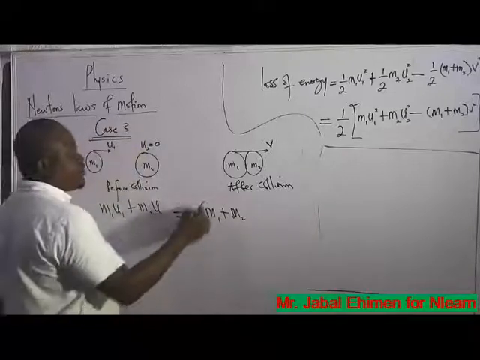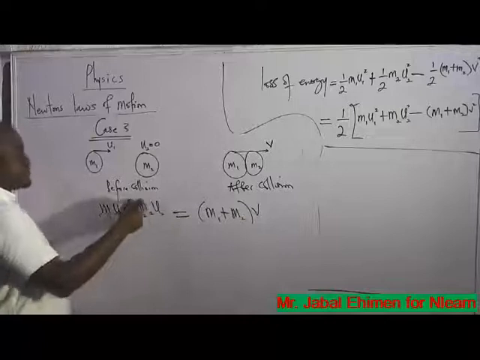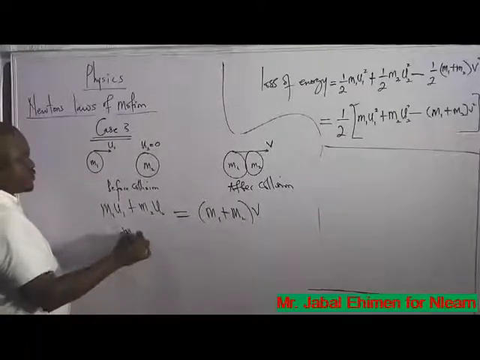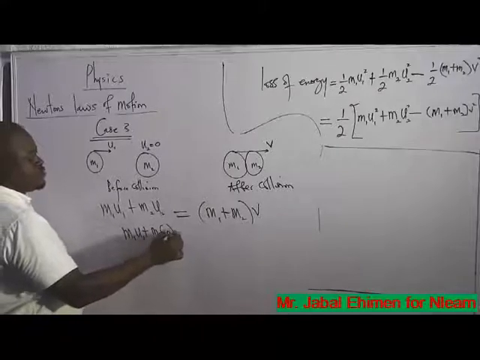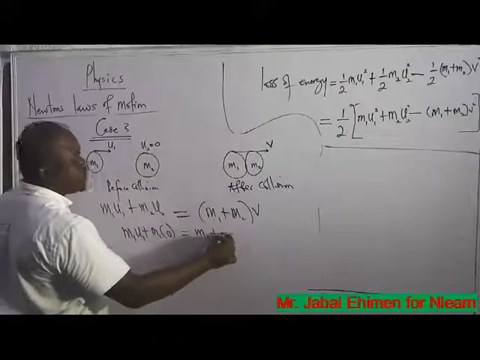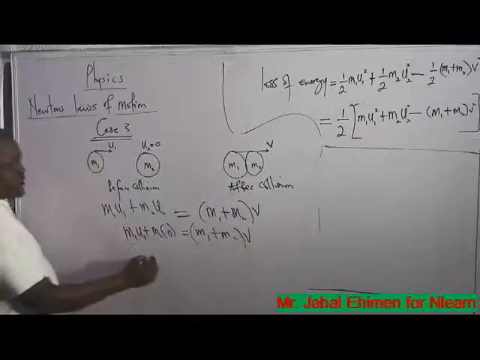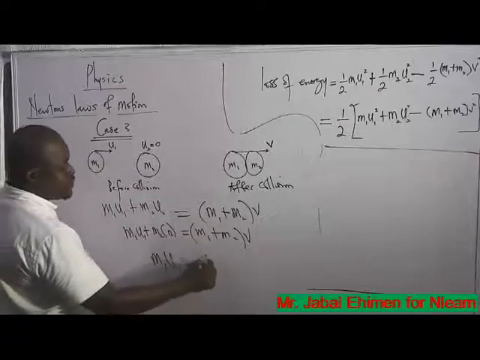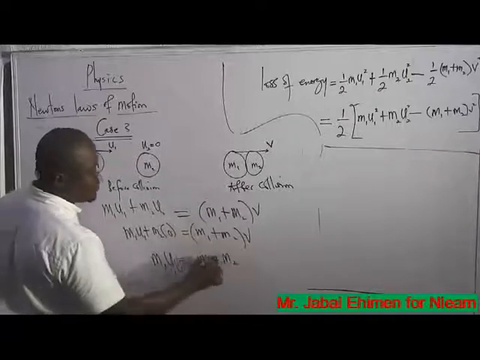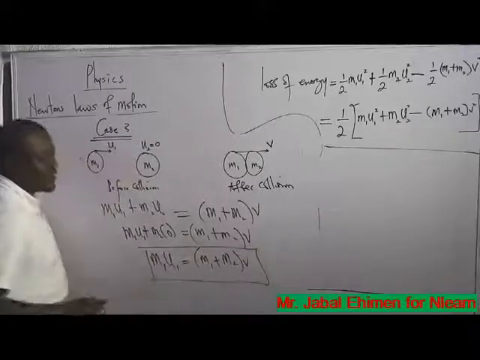Now, from here we'll consider V. If this value here is 0, that will make it M1 U1 plus M2 into bracket 0 equals M1 plus M2 into bracket V. So because of that, M1 U1 is equal to M1 plus M2 into bracket V. So from here, V can be calculated.